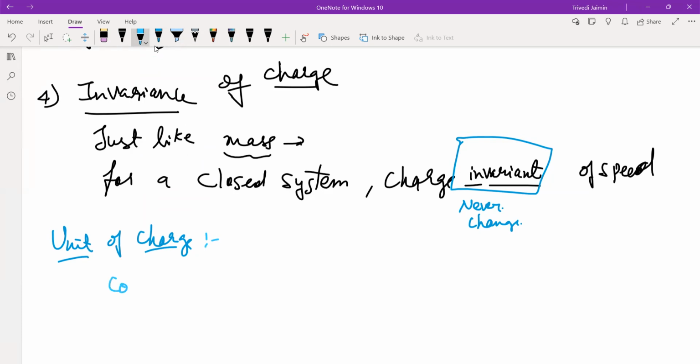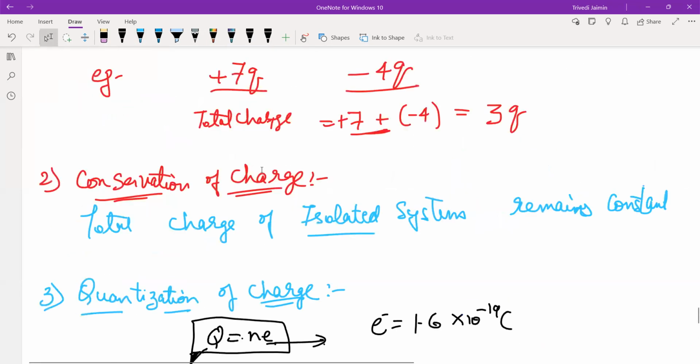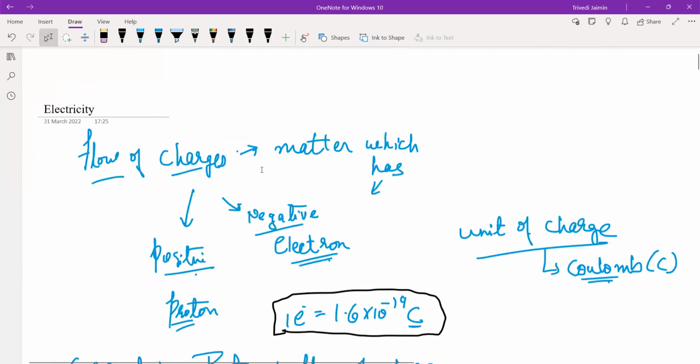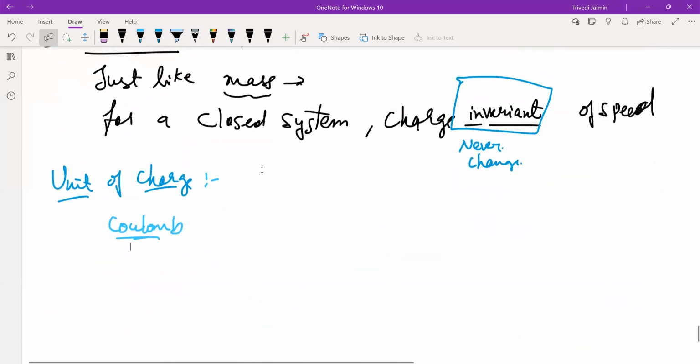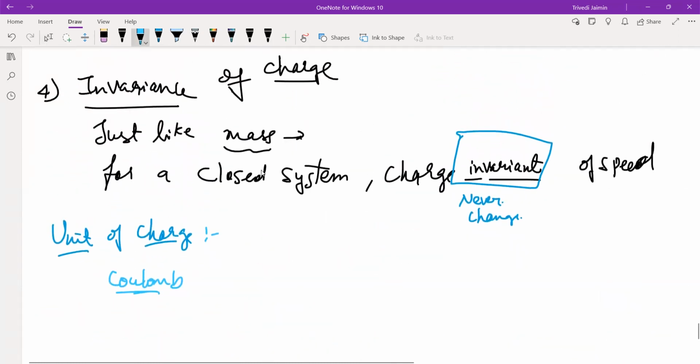Coulomb. That's what we started in the first topic, right? So who discovered this one? What was the scientist's name? Charles Augustin de Coulomb. Super. So you remember that, or you wrote it in your notebook? Remember also. Super. It's okay, if you've written it, it's great. Doesn't matter, this is not your exam.